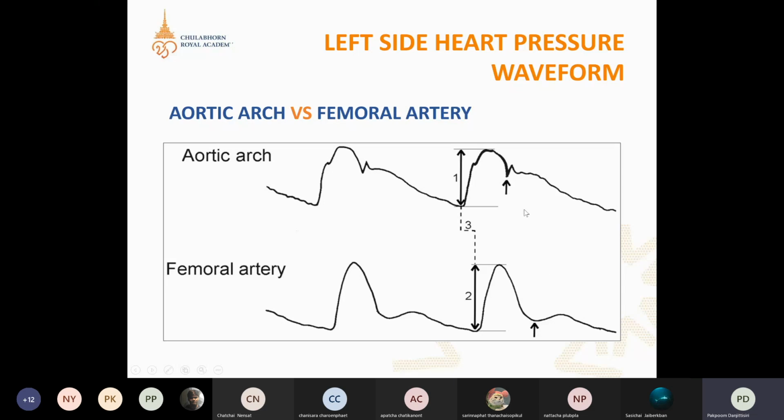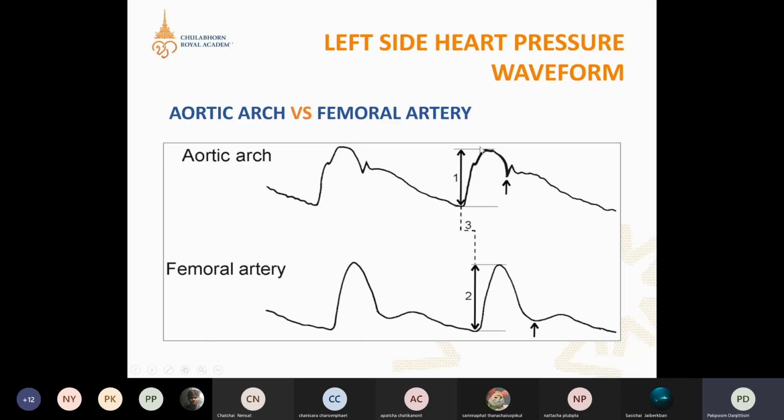The arrows identify the dicrotic notch, right? You will see that the dicrotic notch at the aortic arch is quite close to the systolic peak, because the pressure detected in the aortic arch is close to the aortic valve.